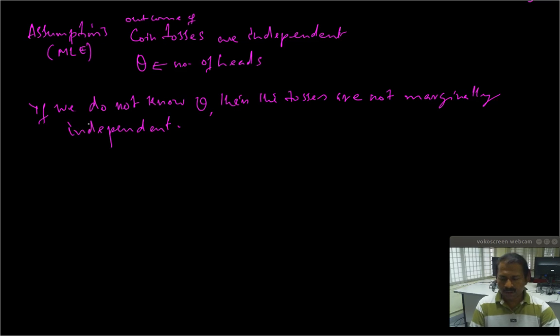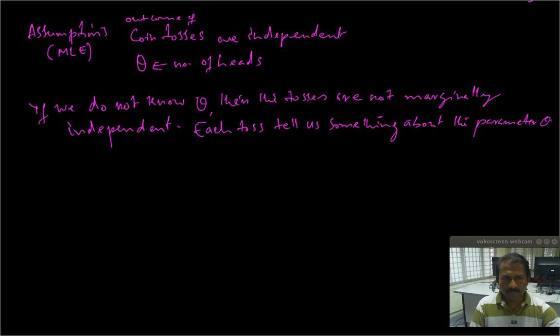Right? So if we do not know the theta, then tosses are not marginally independent, and each toss tells us something about the parameter theta, and thereby about the probability of the next toss.